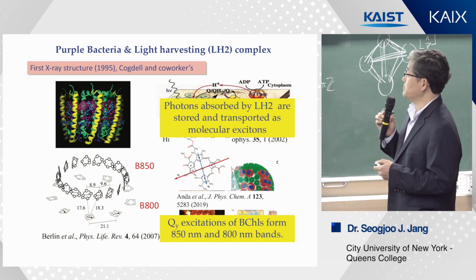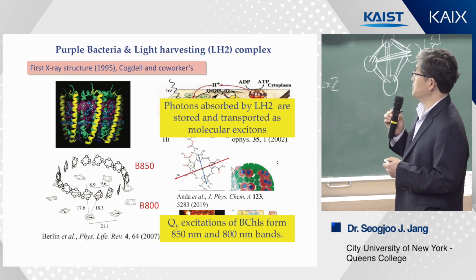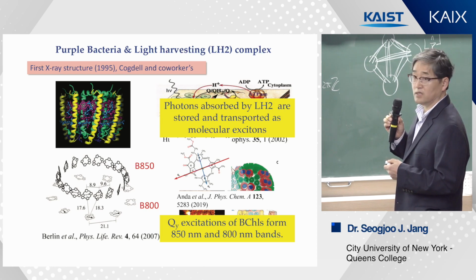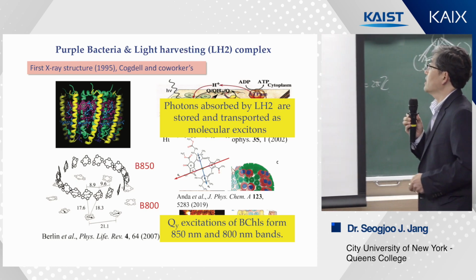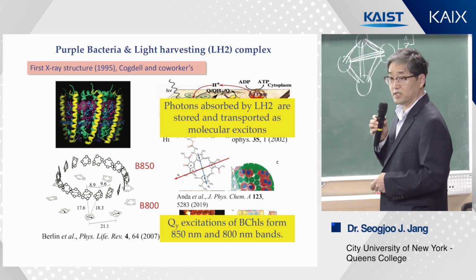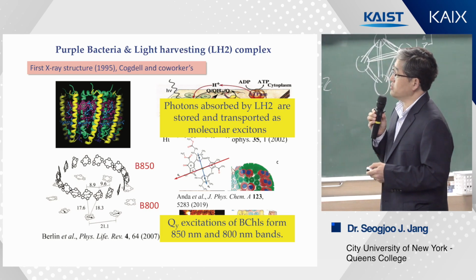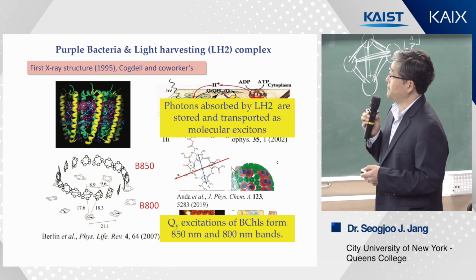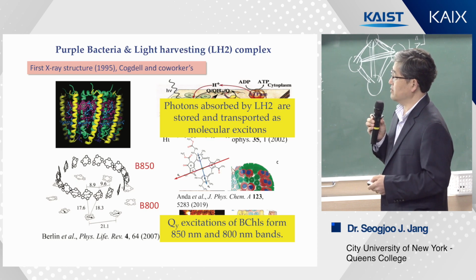They are then transported to the reaction center, which eventually generates a proton gradient across the membrane and provides the energy for purple bacteria. Sometimes these membranes can form vesicles, as you can see here. If you remove all the proteins, they form beautiful circular aggregates of bacterial chlorophylls.